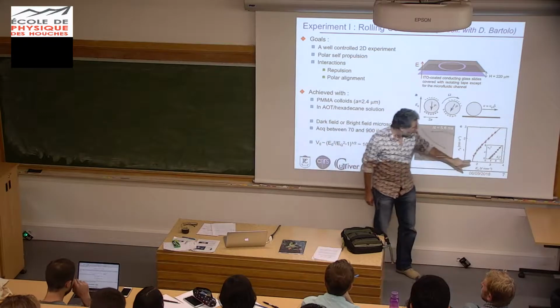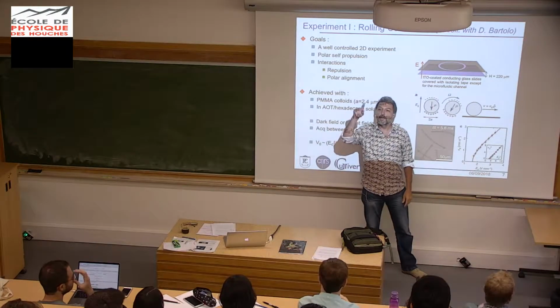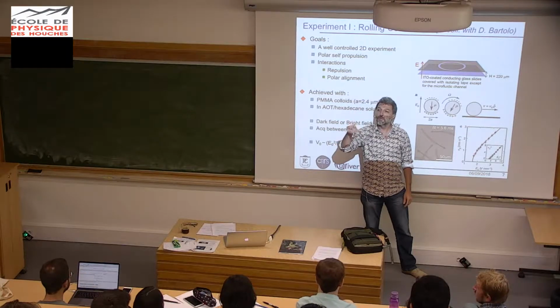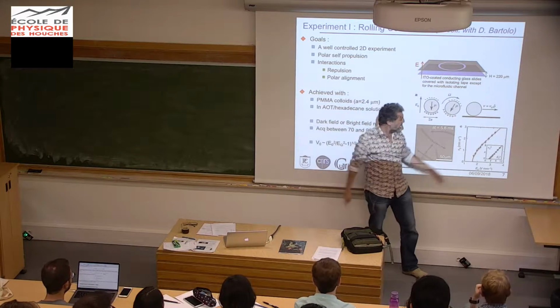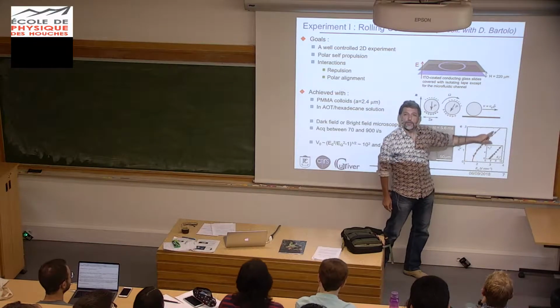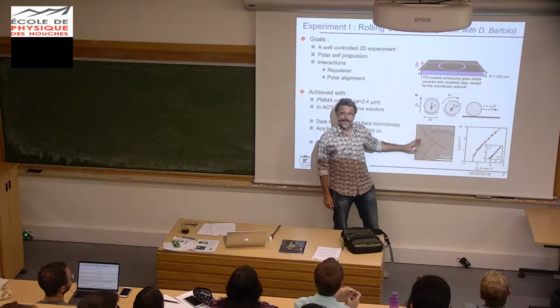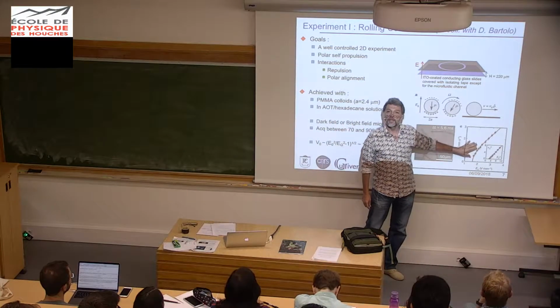This formula is the red curve here. You had a square root of something like (E over the threshold field) squared minus 1. This is this curve here. And these are measurements of the velocity of isolated rolling colloids. And you see that it works perfectly well.